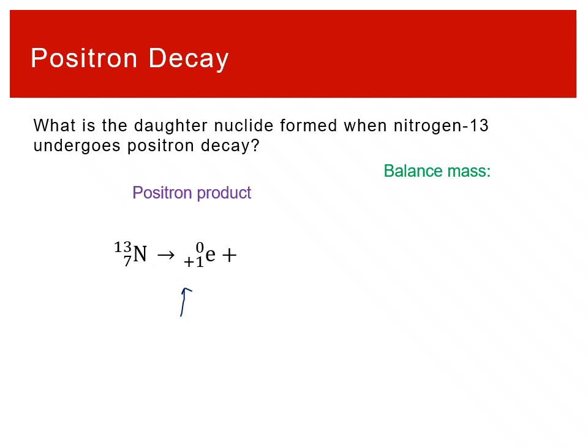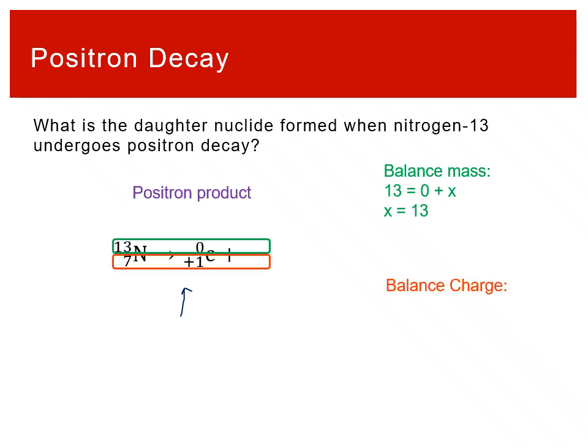The mass, we started with 13, and the positron is 0. So we end up with 13 for the mass of the daughter. Positron decay is just like beta emission. The total mass doesn't change. So then for our charge, we started with 7. We've lost a positive charge. So we lost +1, which means there is 6 left over in the nucleus.